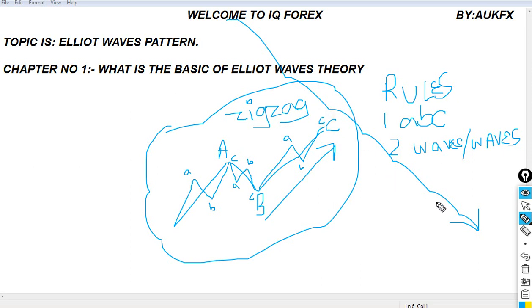Now I determine and confirm that, yes, I am on a true part and my expectations are true, that I am on a correction part. Now the question is, if I don't know the past or I have no good judgment, and I only work on these rules: first, number one, you have to find an ABC zigzag pattern or a correction part, and confirmation number two is waves in the waves.